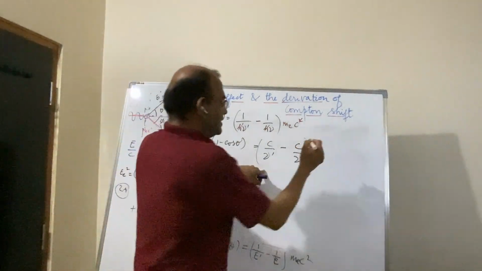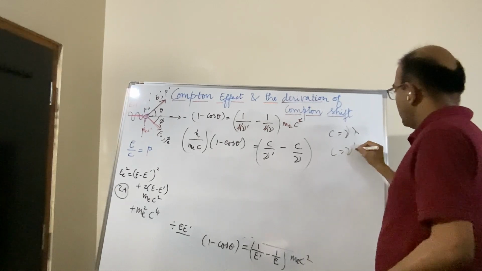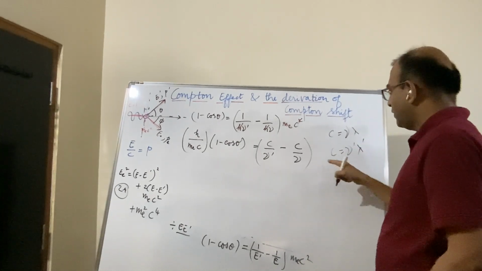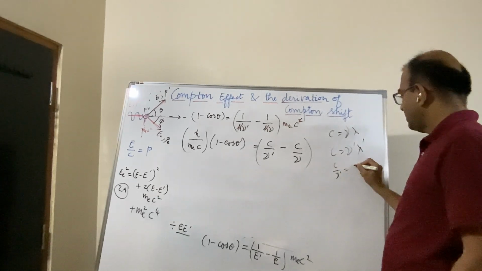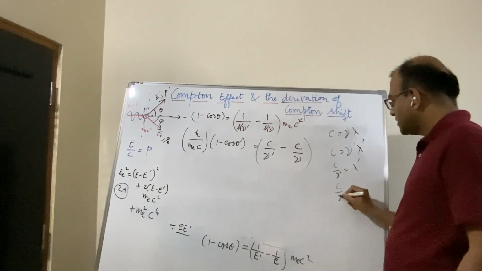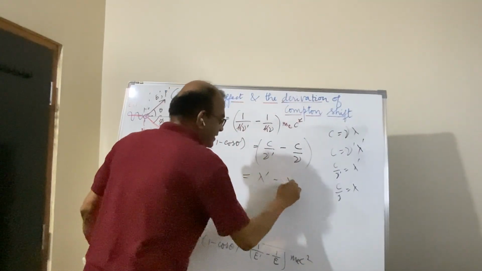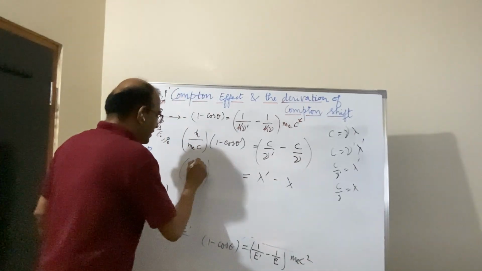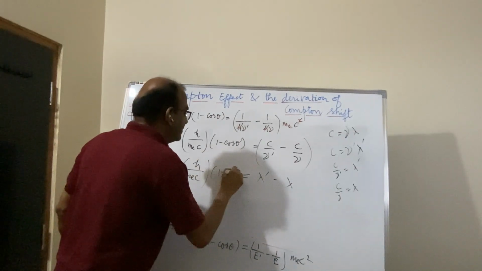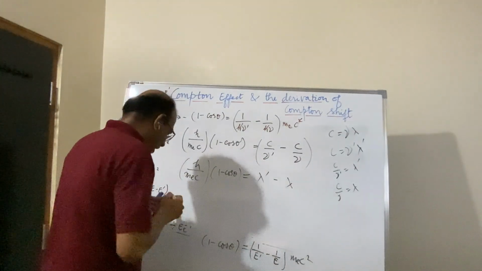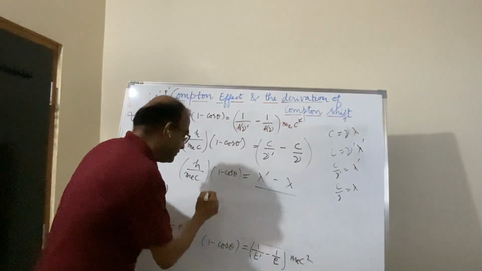And we know that c is equal to nu lambda. c is equal to nu prime lambda prime. And therefore, c over nu prime is nothing but lambda prime. c over nu is lambda. So we have got lambda prime minus lambda on the right hand side, and then h over m_e c times 1 minus cos theta on the left hand side, or we can write the final expression, which is the Compton shift.